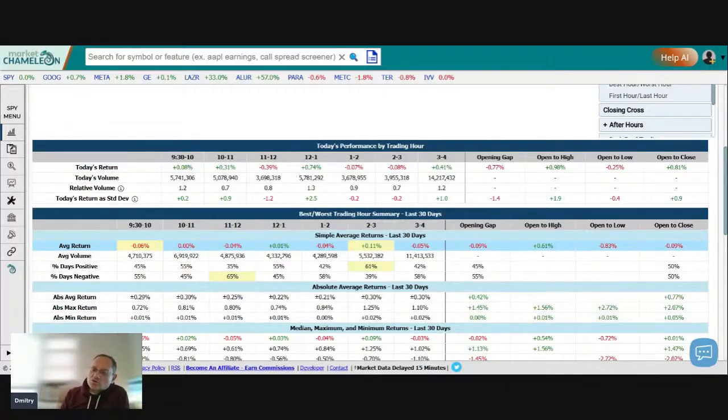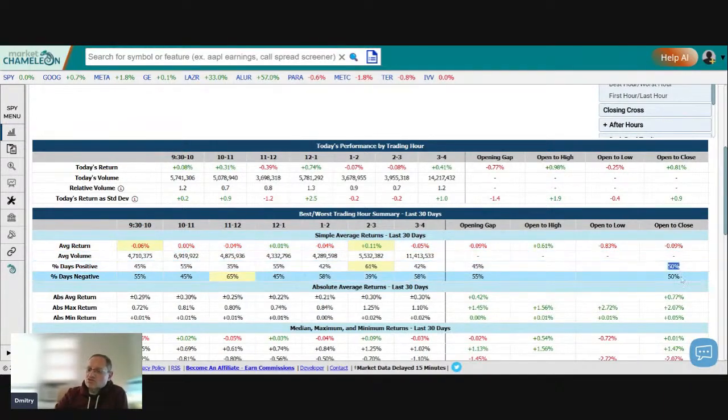And from the open to the close, we see a slightly negative move, but half the time was up, half the time was lower. So we're getting a quick visual of the range and distribution of returns and movements and volatility intraday, especially for anyone with intraday strategies, like zero-DTE options, because you're using an option that will expire the same day.